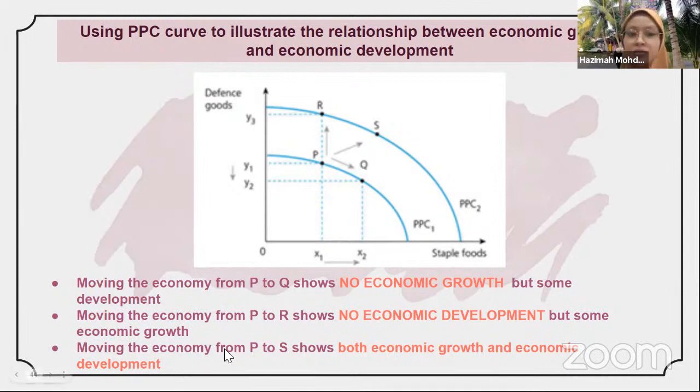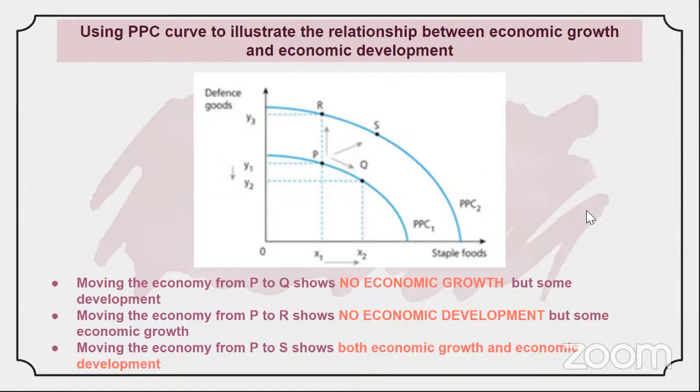Right. So moving from point P to S shows both economic growth and economic development, because there is an increase in output and also an increase in the quantity produced of staple food here, and dia macam balance lah kat sini. Okay. Ada soalan tak?